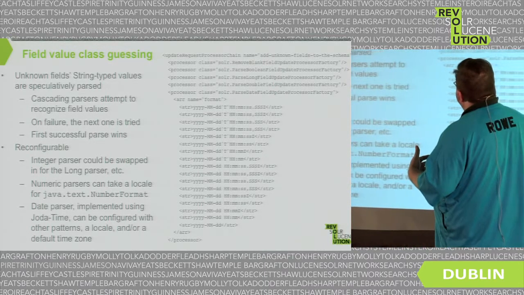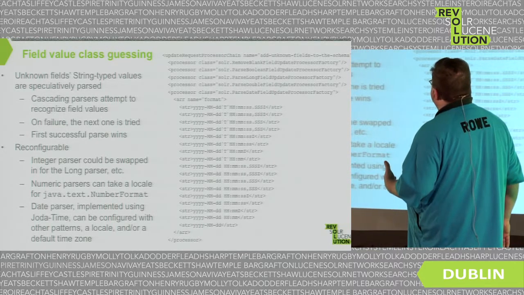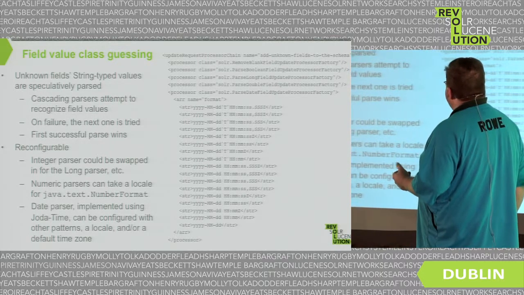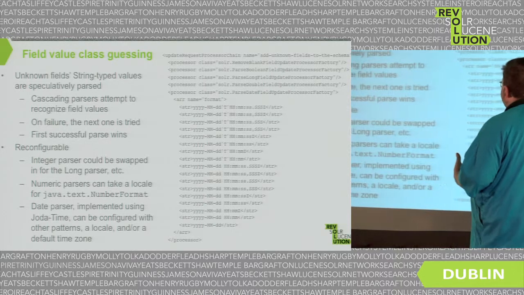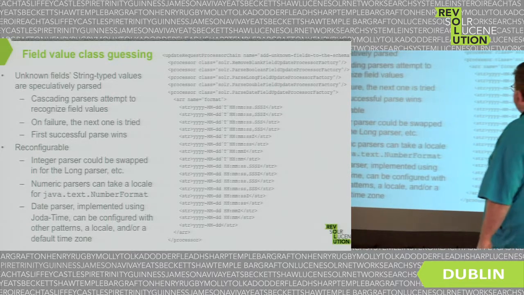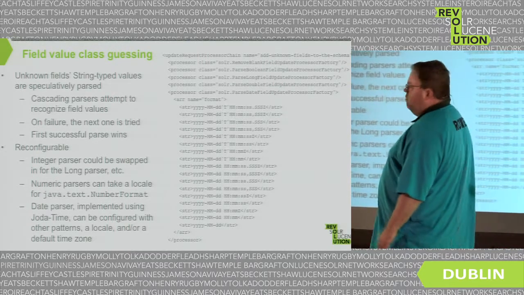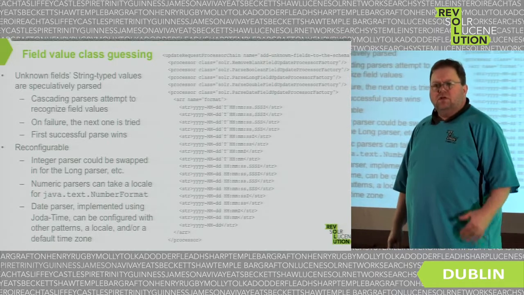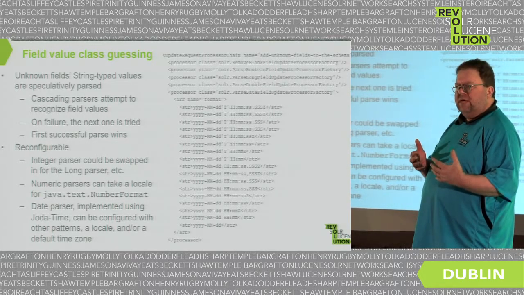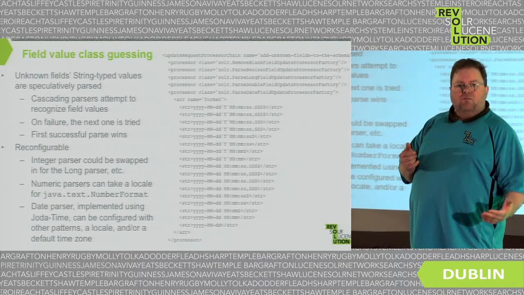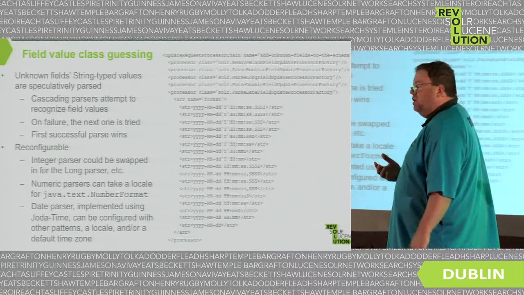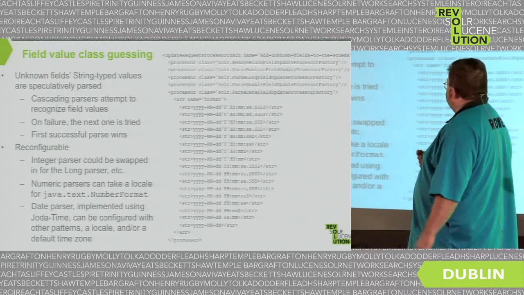The second of the three features that are required for Schemaless Mode is what I call field value class guessing, in which unknown fields' string valued types are speculatively parsed. This bit about the type of fields is significant because, for example, if you submit a document in JSON format, the JSON parser is capable of detecting the types of those fields from roughly the same set of simple types that Schemaless Mode is capable of detecting.